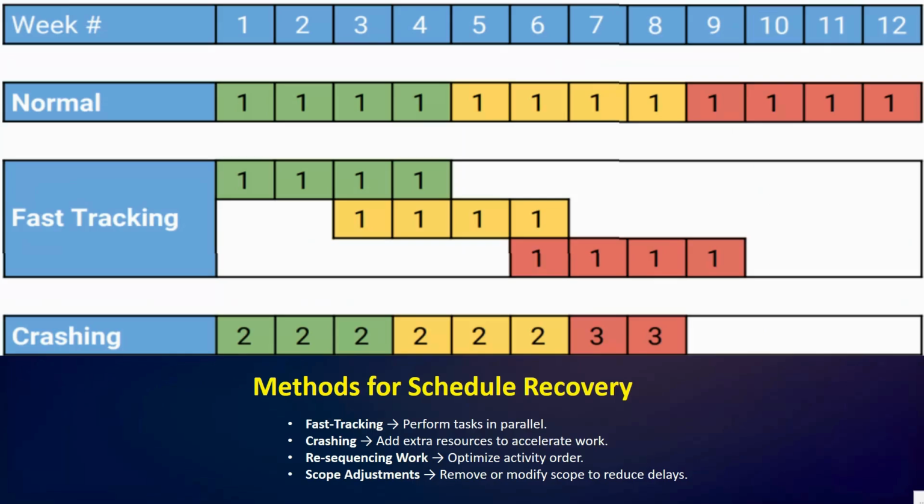Okay, so moving next. Next, we have here the methods for schedule recovery. Okay, so in the picture you can see on the top we have the week timeline, then here we have the normal, then fast tracking, then crashing.